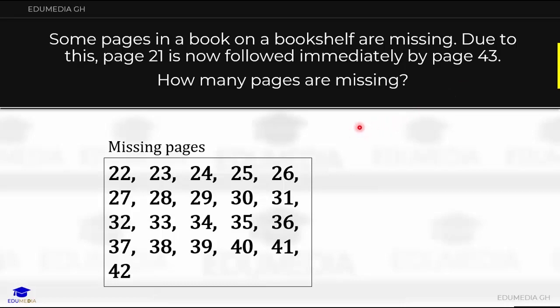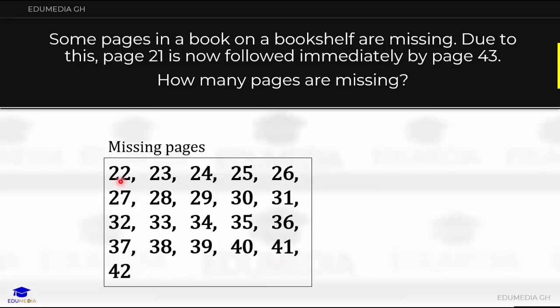So we have page 22, 23, 24, 25, 26, 27, 28, 29, 30, 31, 32, 33, 34, 35, 36, 37, 38, 39, 40, 41, and 42. These are the missing pages.